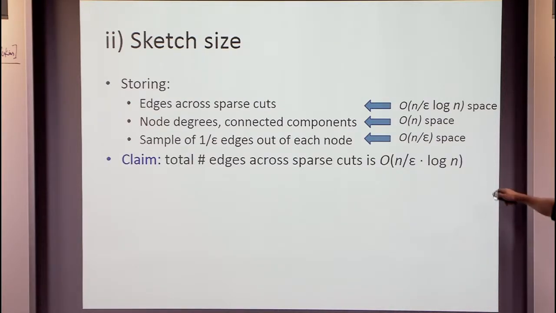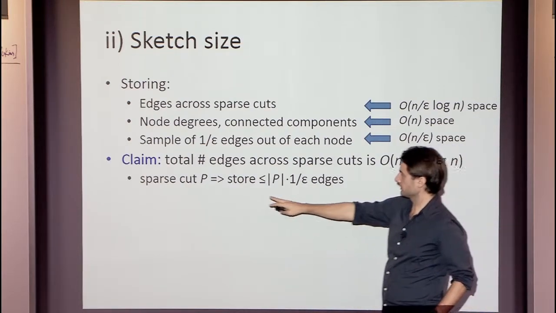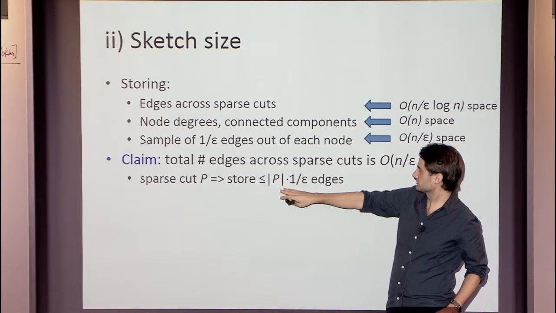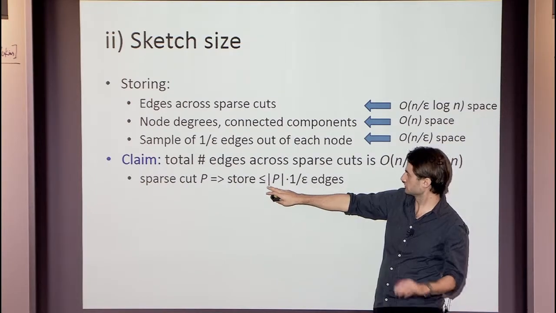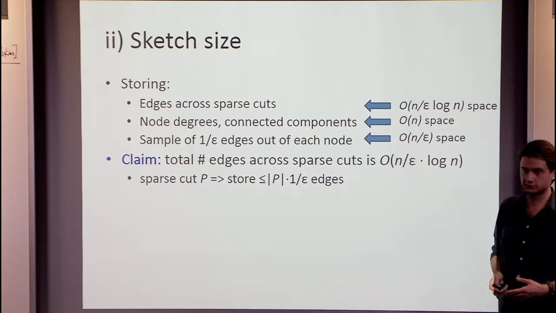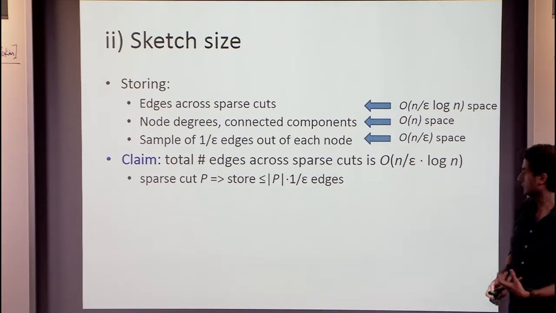Okay, so let me prove this claim that the number of edges across the sparse cut is only n over epsilon times log n. So first, once we found a sparse cut, we store at most the number of vertices on one side times 1 over epsilon edges. This is just by definition of the sparsity, right?